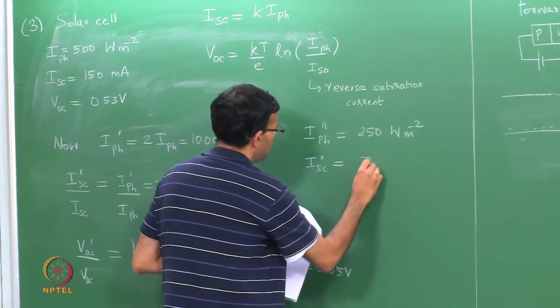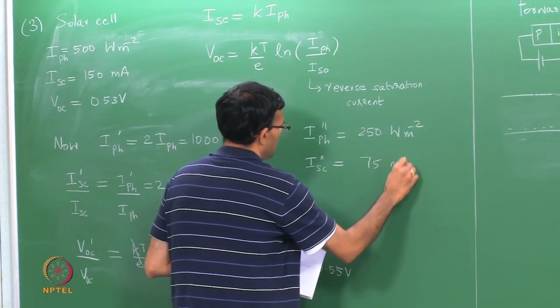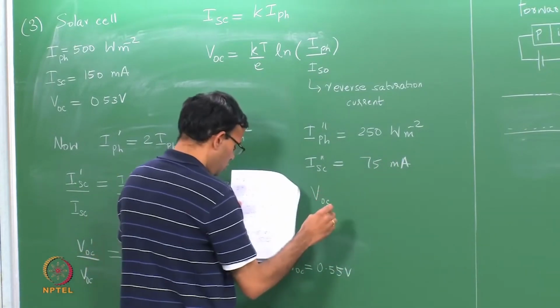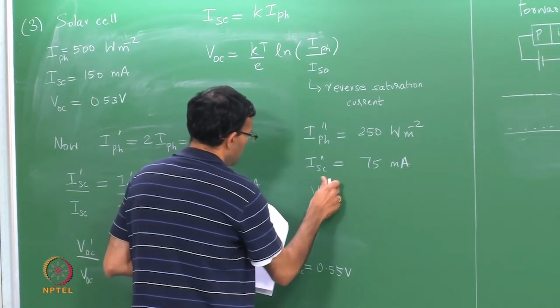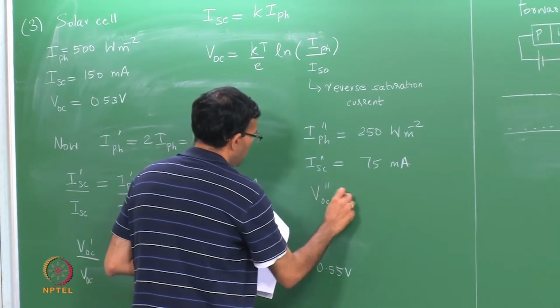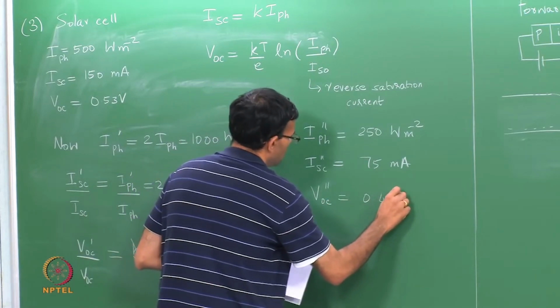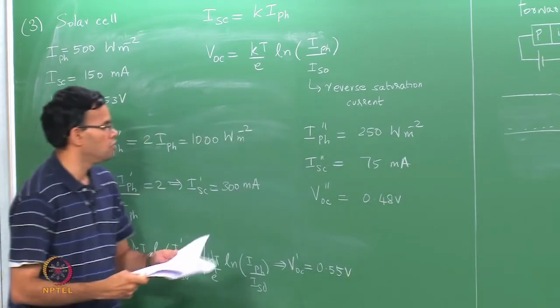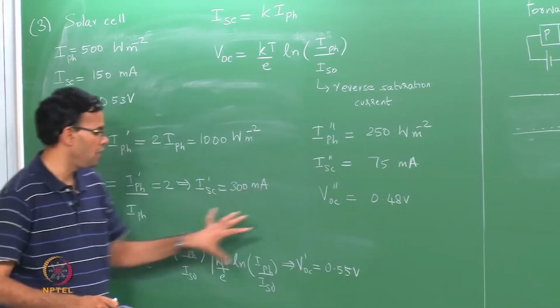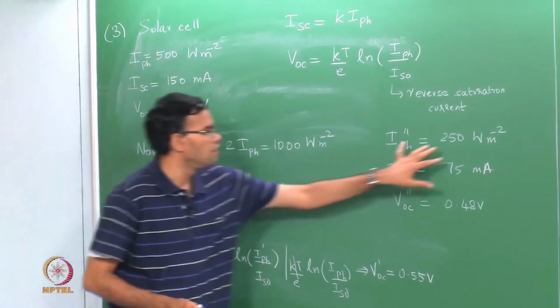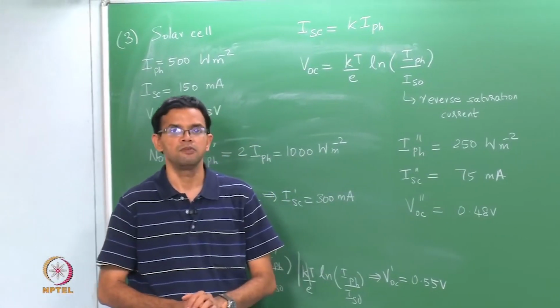So, this will be 75 milliamps and the new VOC, let me write this as double prime, is 0.48 volts. So, this we can get by following the same procedure, where instead of having it as 1000 we now have it as 250.